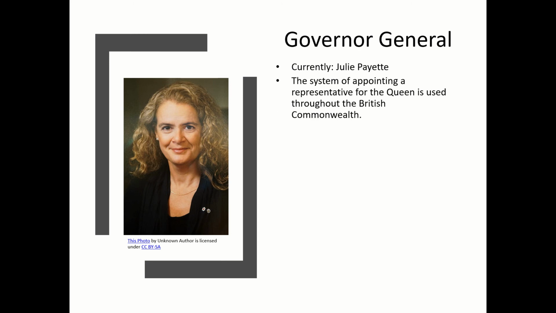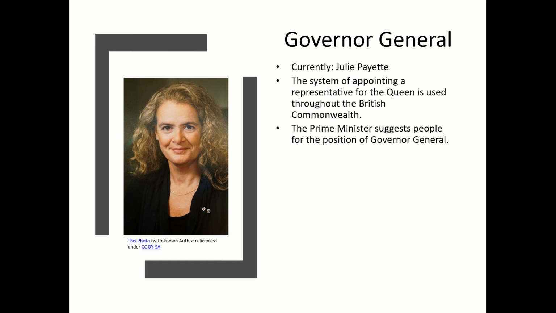The system they use for the Governor General is an appointed system, so she's not an elected person. Her job basically is to represent the Queen, and the Prime Minister suggests people that can have this role as the Governor General.